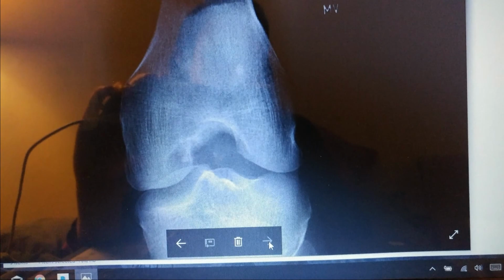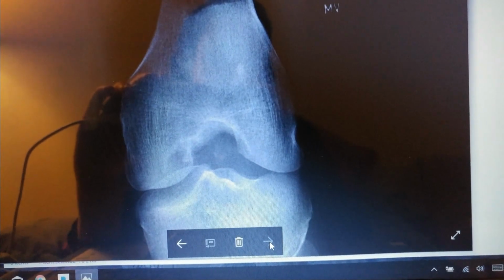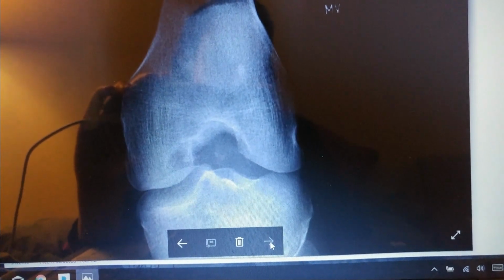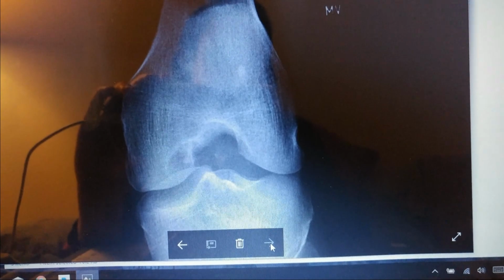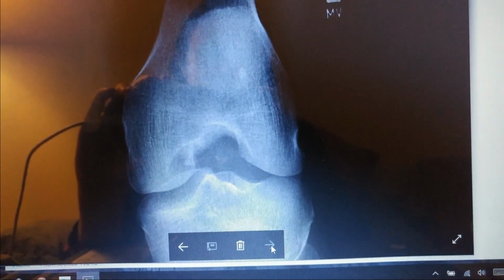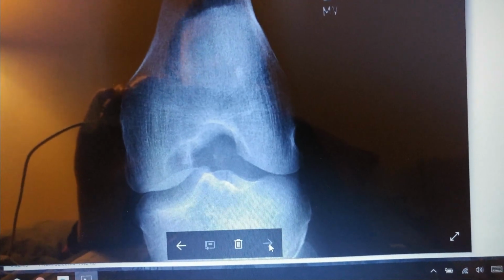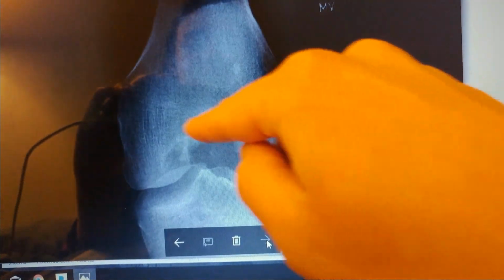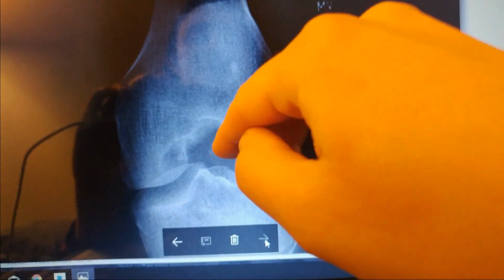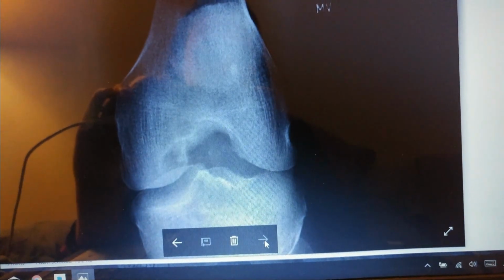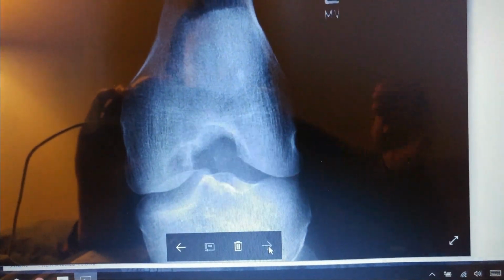And you can see the posterior-inferior surface of the femoral condyles here. So it's looking a little bit from underneath the condyles.